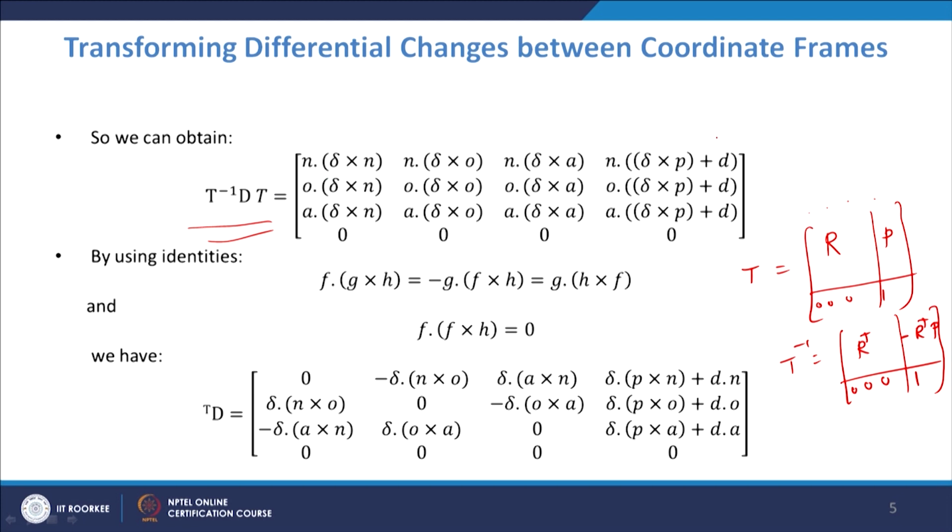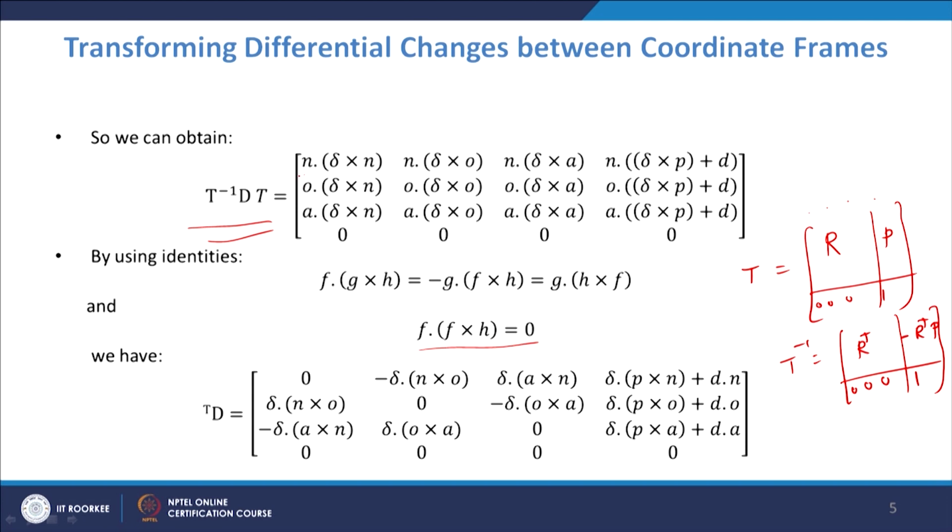Now, if you observe the entries inside the matrix, it is n dot del cross n. We know that if there are 3 vectors f, g, h, and any one of them is repeated 2 times in this product, which is called the triple product, then it is 0. For example, f dot f cross h equals 0.